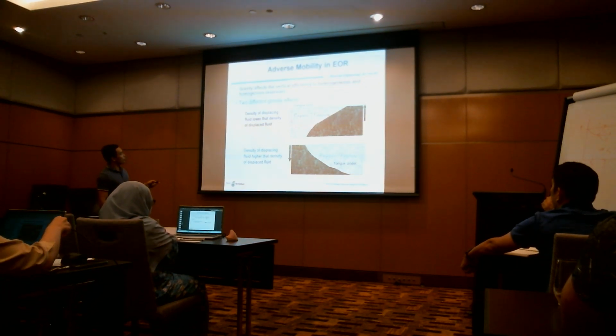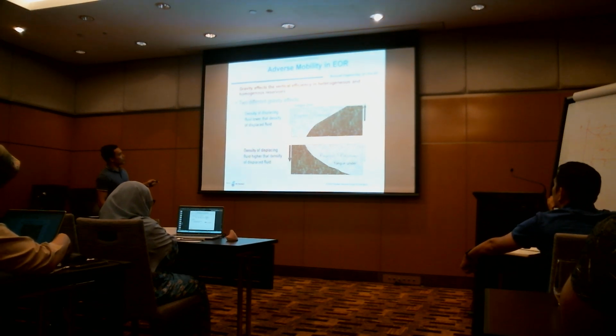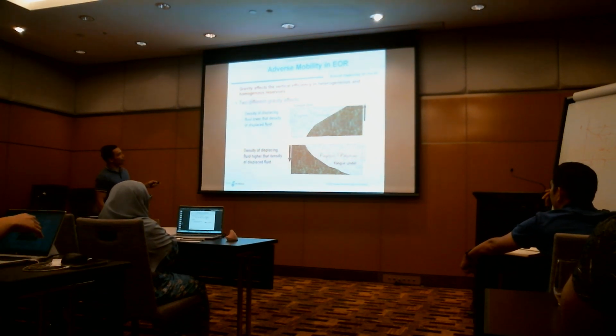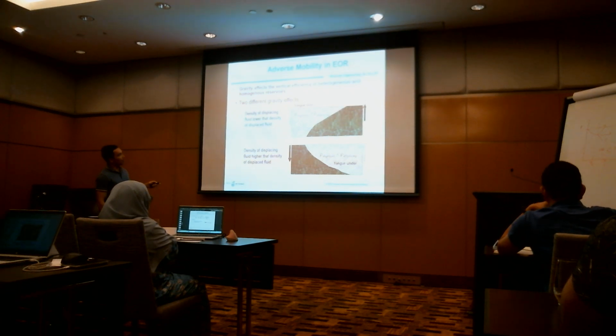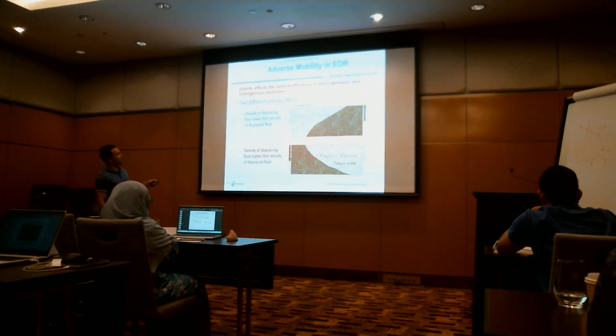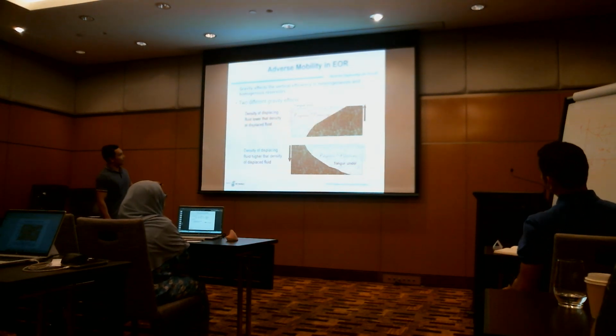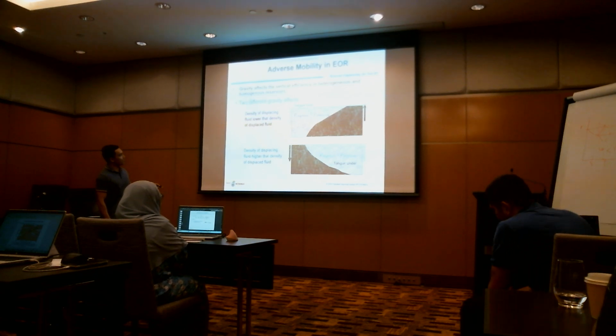So this is just to show you the gravity effect. If the density of the displacing fluid is lower than the density of the displaced fluid, you see here, it will be like a tongue over. When the displaced density is higher than the displacing, you will get a tongue like this because of the density of the displaced. If the density of the displacing fluid is higher than the density of the displaced fluid, it will become like this.